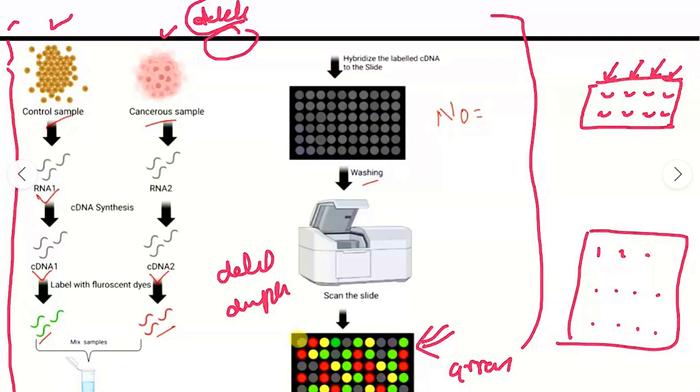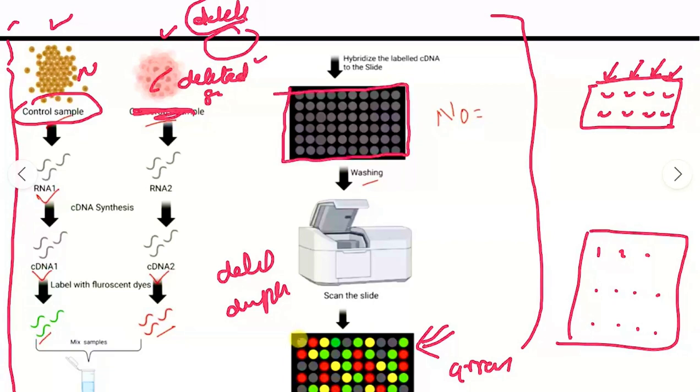These are not the cancerous ones. Let us talk about the deleted gene samples. I have taken two samples: one is the control, that is the normal, and another is the disease, where I am suspecting deletion of the genes. I have made a tray where I know the sequencing of all these genes.